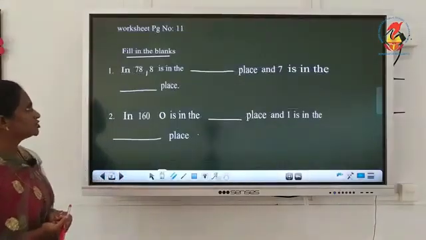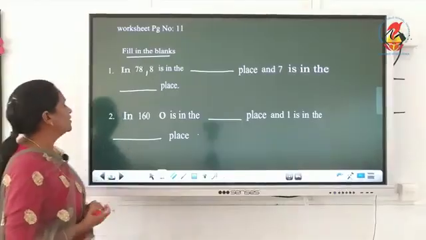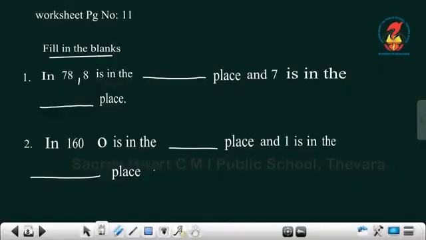Let's move on to worksheet page number 11. Fill in the blanks. In 78, 8 is in dash place. 8 is in ones place. And 7 is in dash place. 7 is in tens place.